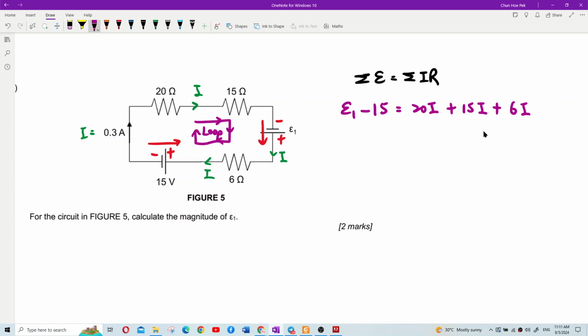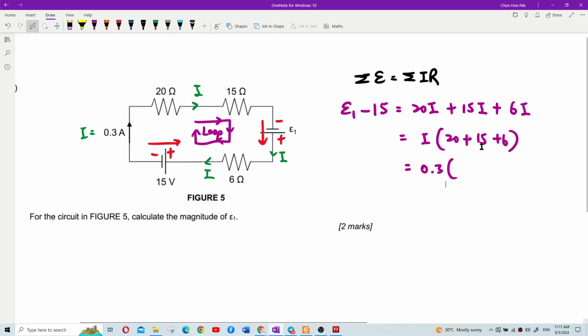Okay. So this one I can factor out. So current 0.3 multiply this one total. What do you get? This one 15 plus 6 is 21. So 41. So E1 minus 15.